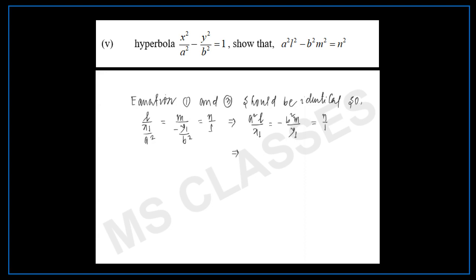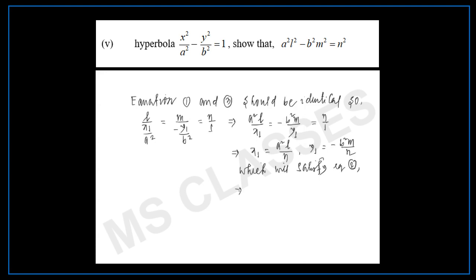Now this gives us x1 equal to a square L by n, y1 equal to minus b square m by n. Now x1 y1 will satisfy equation 2.